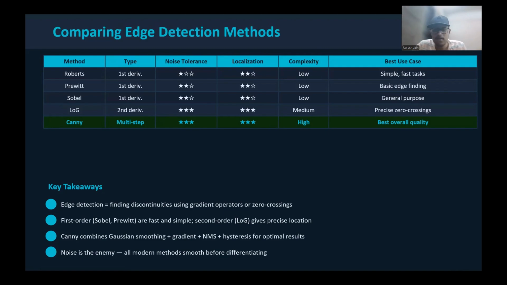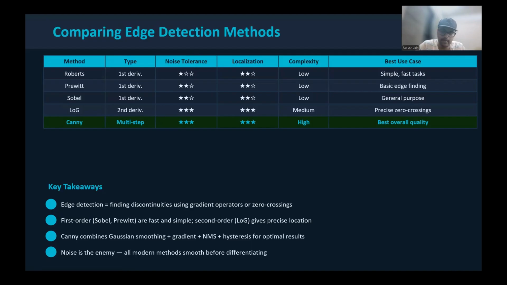Then there's LoG, which is better at noise handling through Gaussian smoothing and more precise in localization through zero crossings. And finally, we have Canny, which is the best overall winner if we compare all five of them, because it has the best noise tolerance, best localization, and single pixel edges. But it has the disadvantage of more computation and extra parameters to tune.